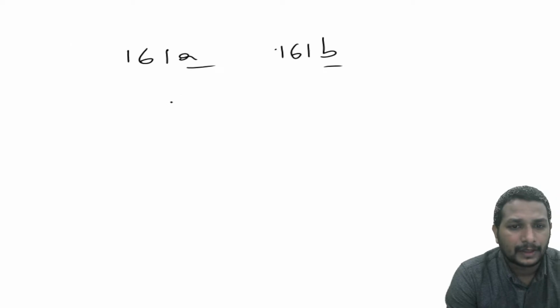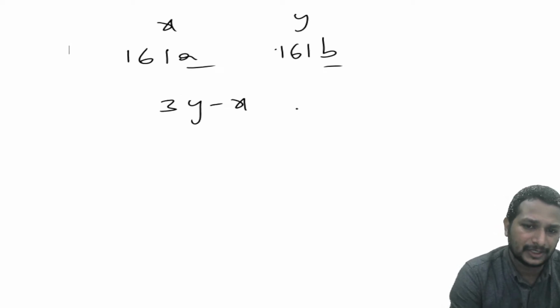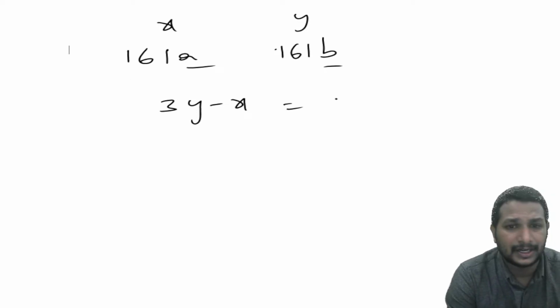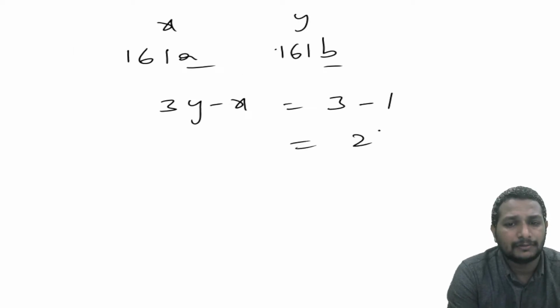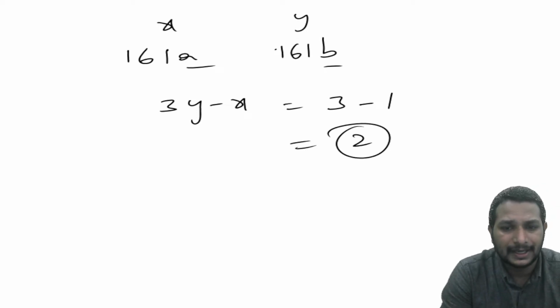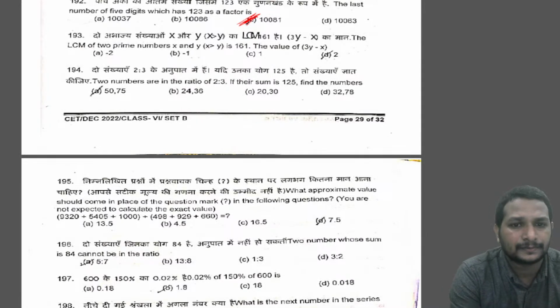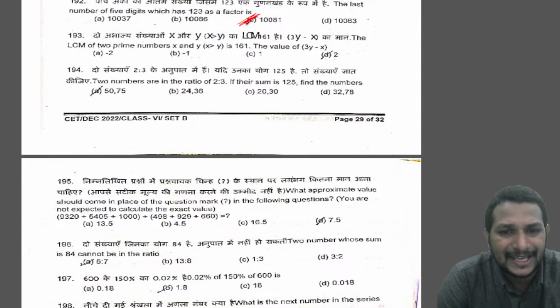So 3y minus x. Okay, getting the answer as nothing but option D.